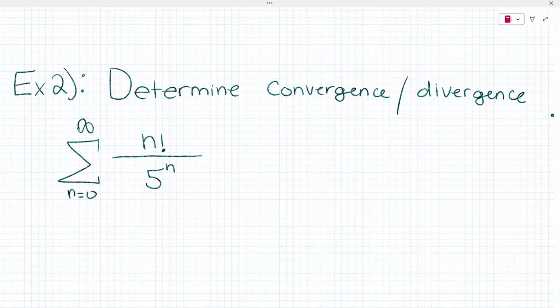Example 2 says determine the convergence or divergence, where the summation starts at n equals 0 to infinity, and then we have n factorial over 5 to the n. So what I'm going to do, first step, is replace n with n plus 1.